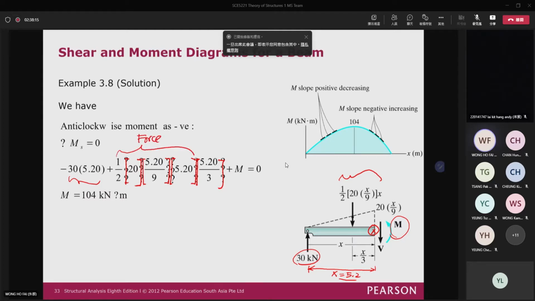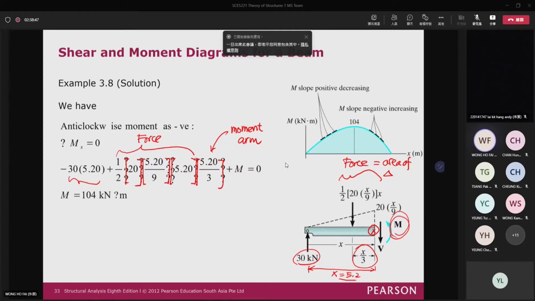It is half times 20 times x over 9, and then times x. This is actually the force, or the area of the triangle, because they are the same. And then the moment arm is this one. And don't forget the M here.